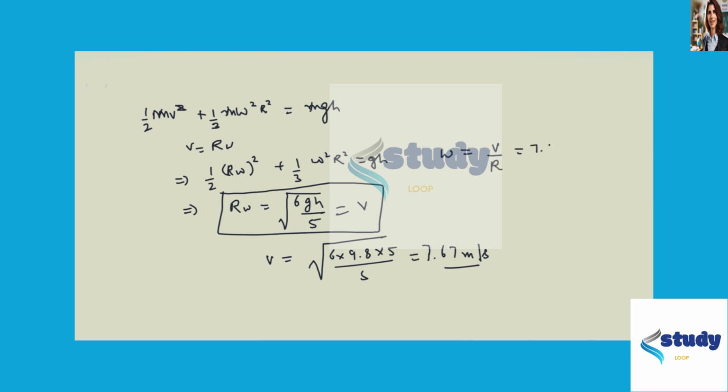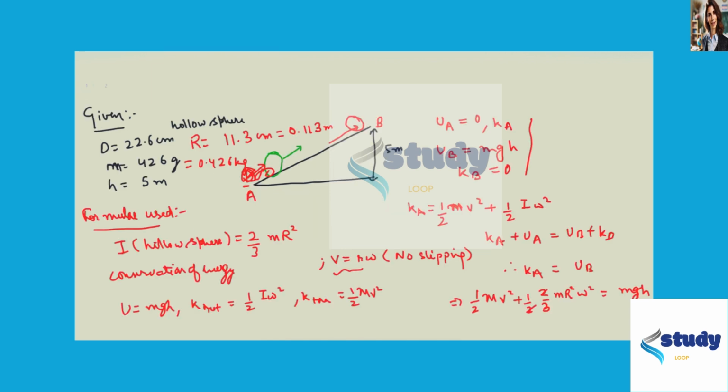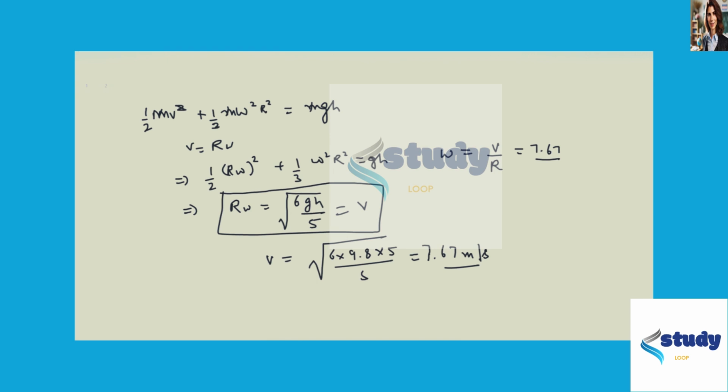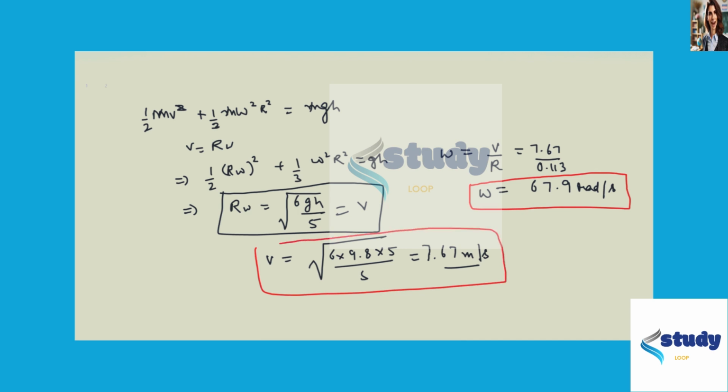So we have 7.67 over 0.113 meter, which is equal to 67.9 radians per second. So that's your A part. We are done with finding the angular velocity and the linear velocity.